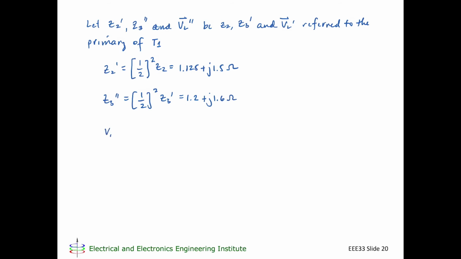And finally, VL double prime will be VL prime multiplied by the turns ratio. So this is going to give me 440 at an angle 0 degrees volts. What will my equivalent circuit look like now?